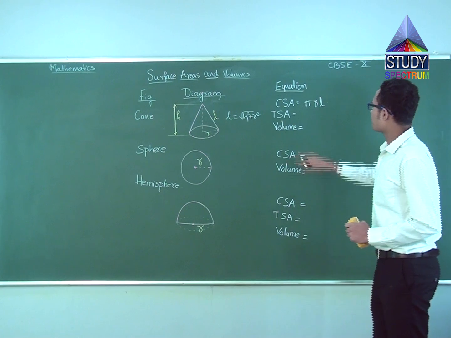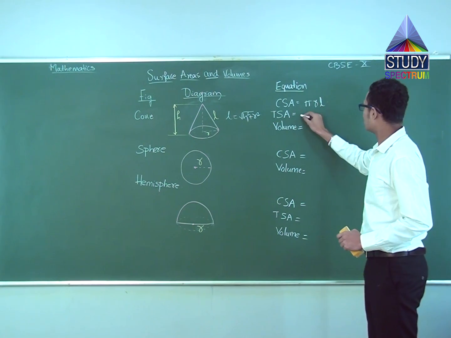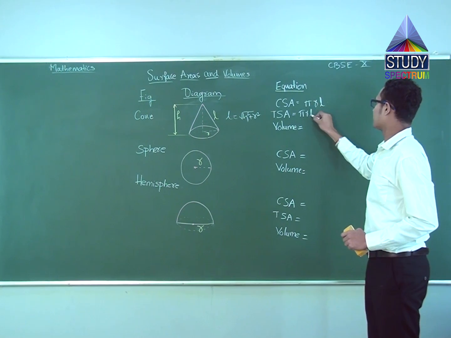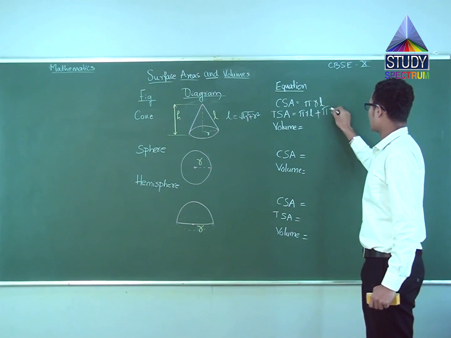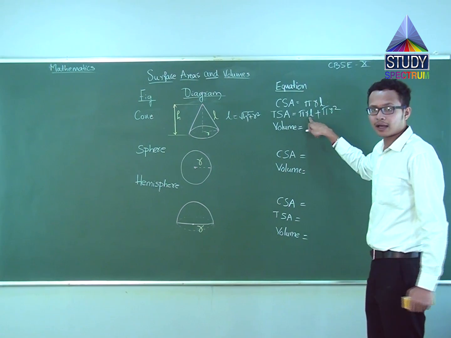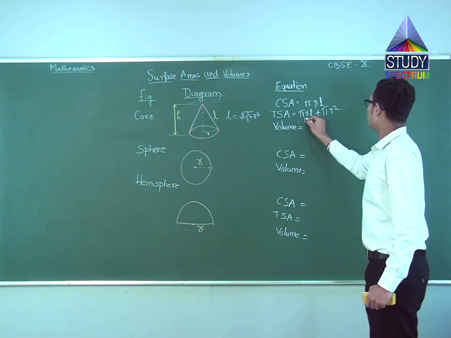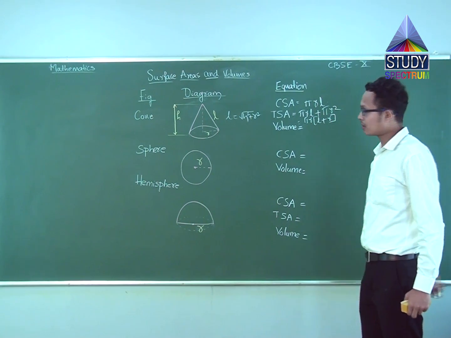Alright, so TSA is equal to pi r l plus the area of the base, pi r square. If I take out the common term, pi r, I'll get pi r into L plus r within the bracket.